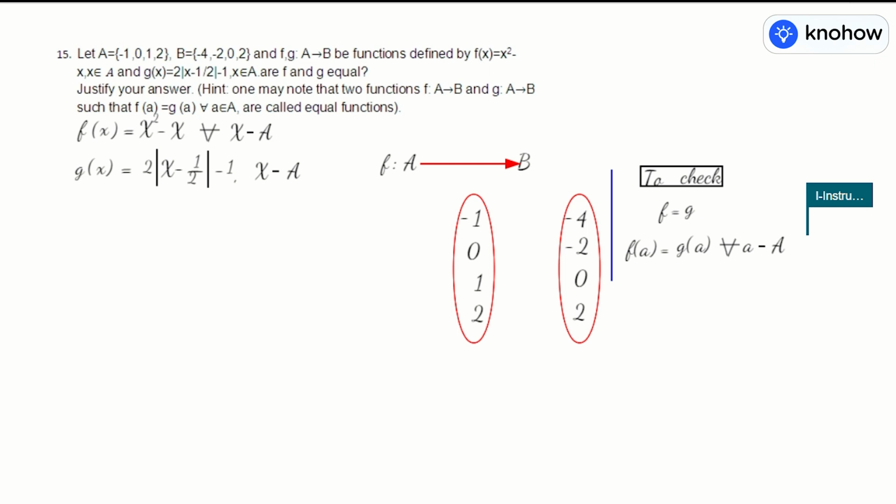What is the definition of f? f(x) is defined as x² - x.